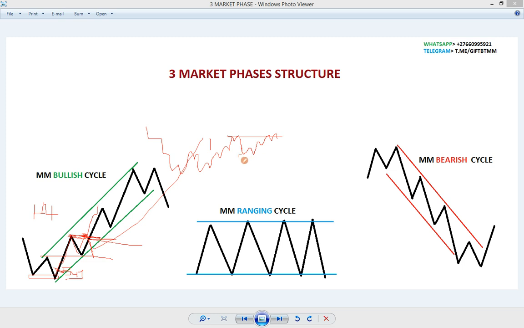What do you do when price does this? Do you hold and say, oh, it will just come back, and expect this? Guess what? The dealer has issued a pattern, right?